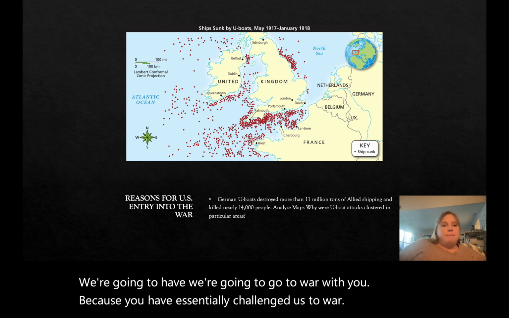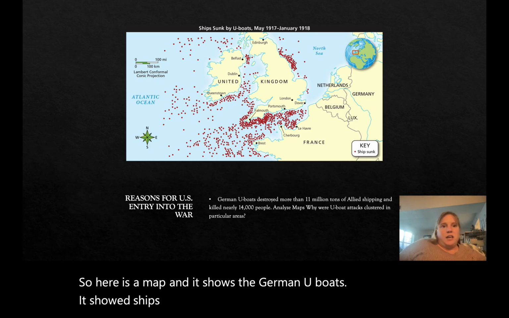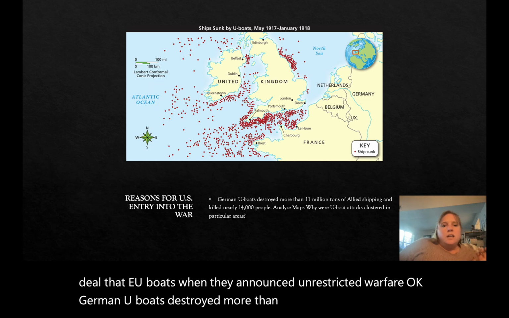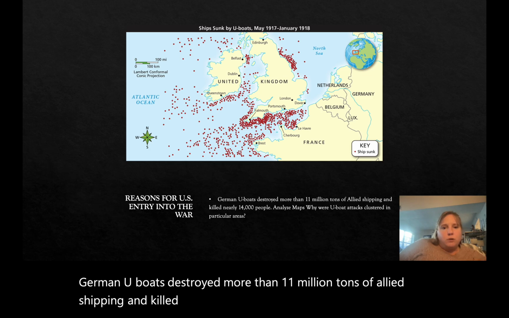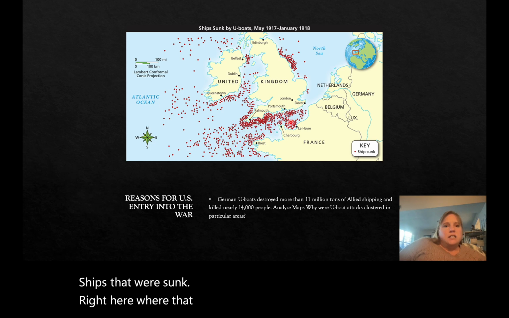So here's a map, and it shows ships sunk by U-boats, okay? So this is why it's such a big deal that the U-boats, when they announced unrestricted warfare, okay, German U-boats destroyed more than 11 million tons of Allied shipping and killed nearly 14,000 people, okay? So if you look where all of the ships that were sunk, they're right here where that blockade is at, right?